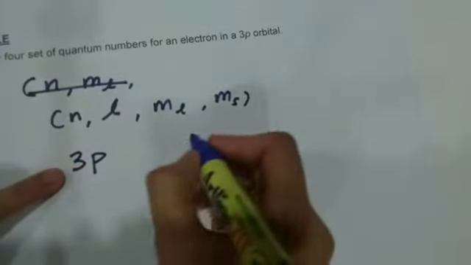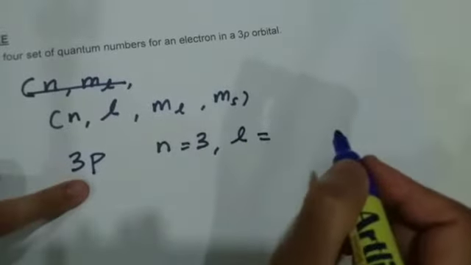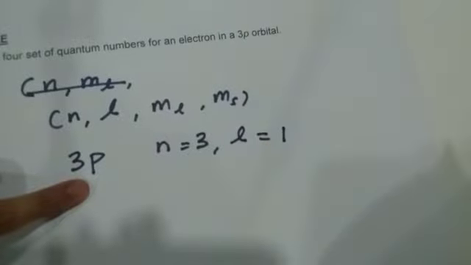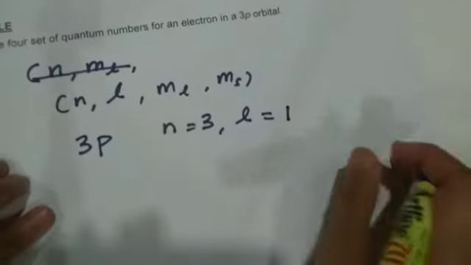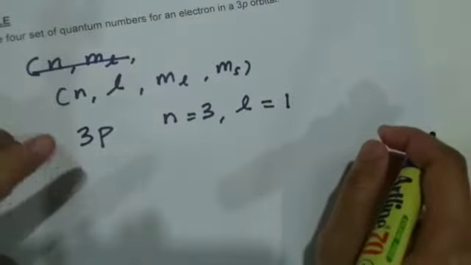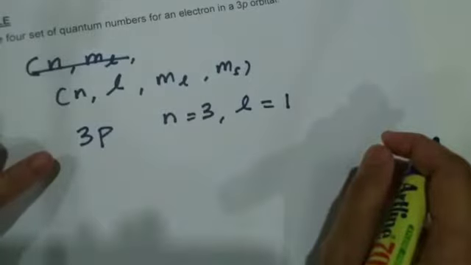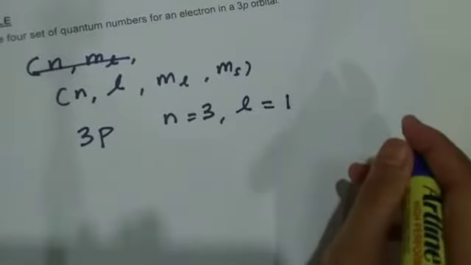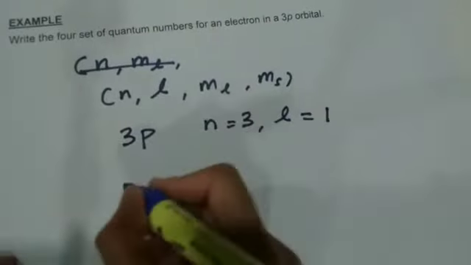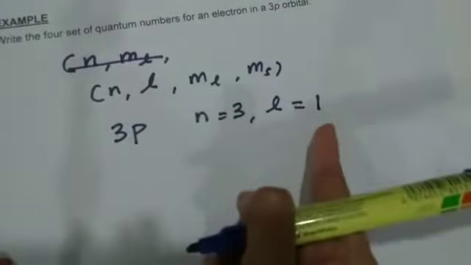3p means that n is equal to 3. Your l for p is what? l is 1. The s orbital is 0, the p orbital l is equal to 1, and the d orbital l is equal to 2. So we want this set of quantum numbers for 3p.